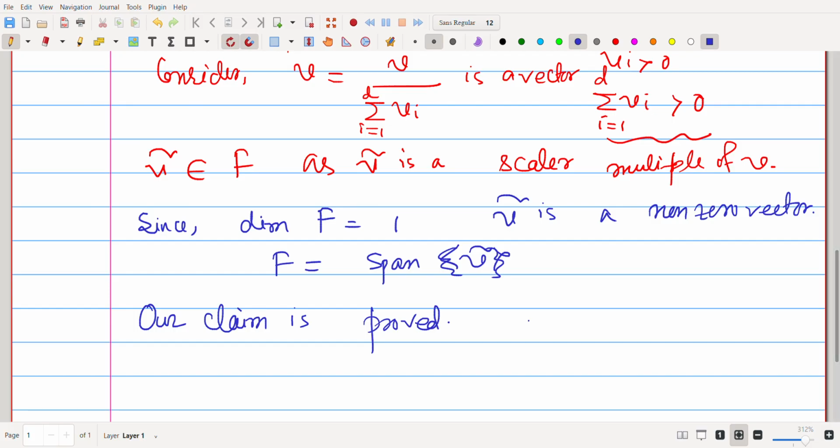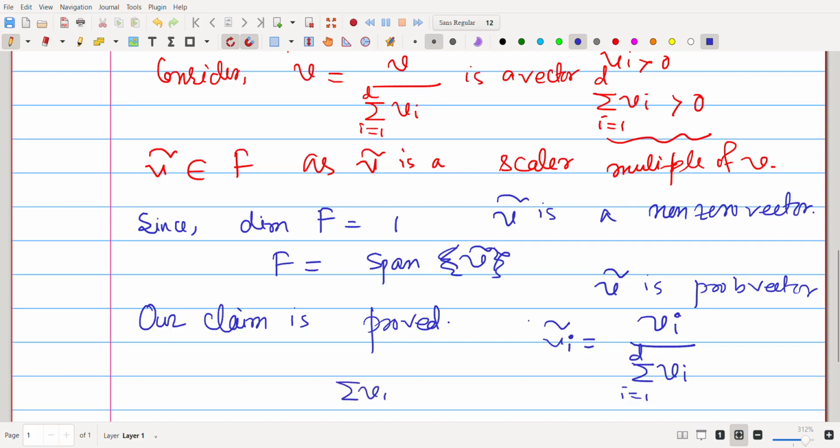The question is proved in the case when F has dimension 1, that F can be spanned by a probability vector. Why is V tilde a probability vector? Because Vi tilde is Vi divided by the summation of Vi, i equal to 1 to d.